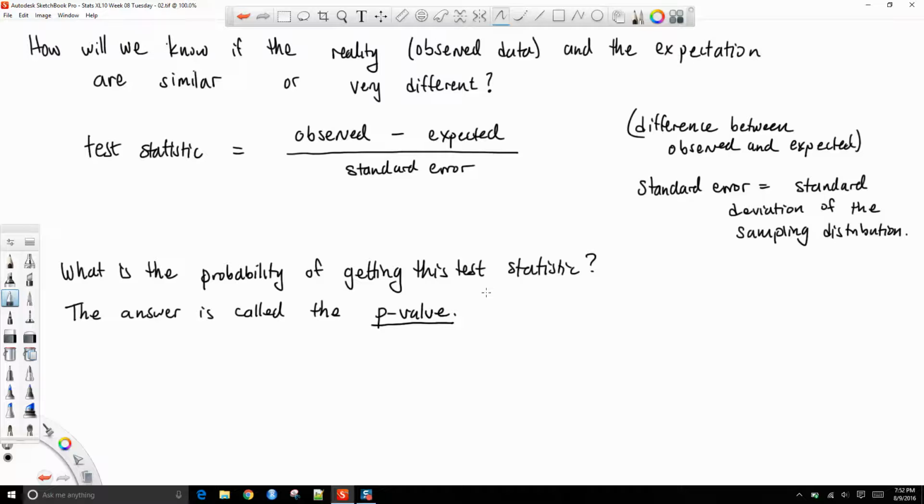And so I'm going to put the formal definition of the p-value up on the screen. This is a good definition to learn.